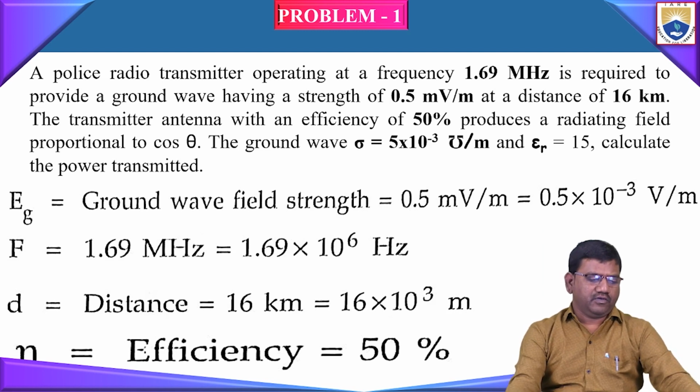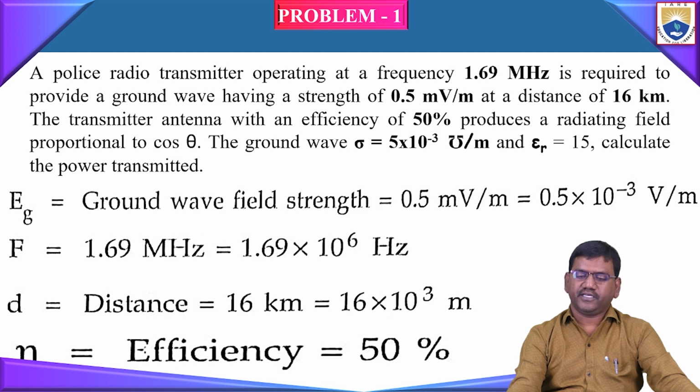A police radio transmitter operating at a frequency of 1.69 MHz is required to provide a ground wave having a strength of 0.5 millivolts per meter at a distance of 16 kilometers. The transmitting antenna, with an efficiency of 50%, produces a radiating field proportional to cos theta. The ground has sigma equal to 5 into 10 power minus 3 ohms per meter, and epsilon r equal to 15.